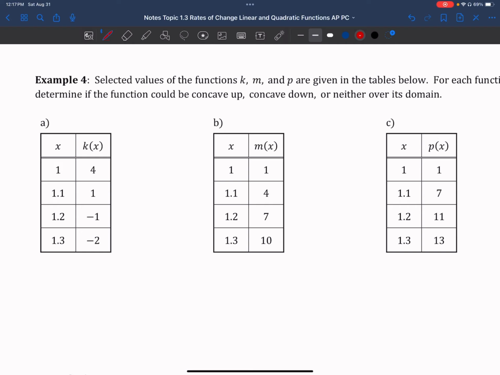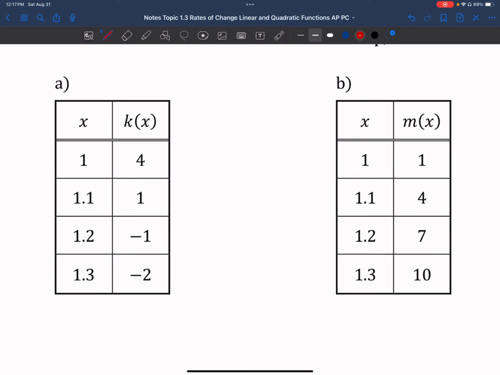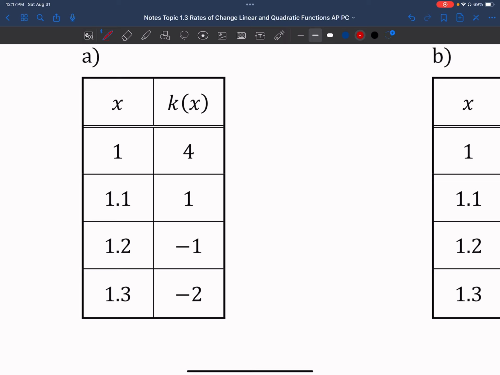I'm just going to go into the y values and start working with that, and then I'm going to divide by 0.1 on all of them because that's my change. 0.1 plus 0.1 plus 0.1. So for the first one, to go from 4 to 1, I'm going to subtract 3.